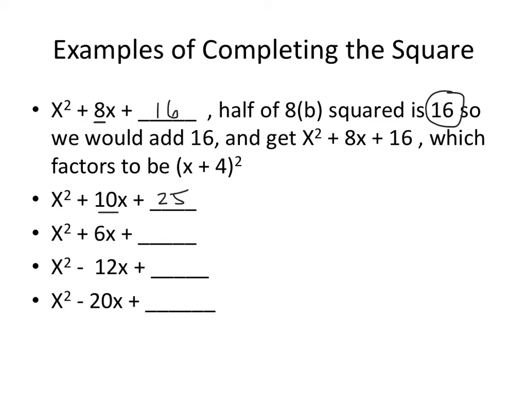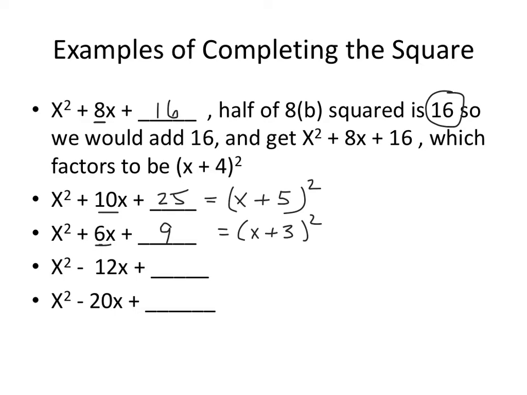That's now a perfect square trinomial. It would factor to be x plus 5 squared. X squared plus 6x, half of b is 3, 3 squared is 9. How would it factor? It'd be x plus 3 squared.